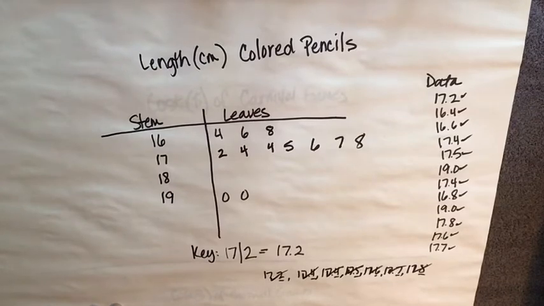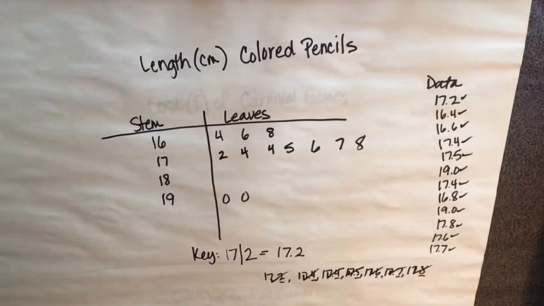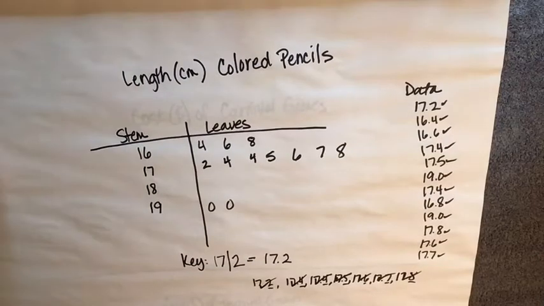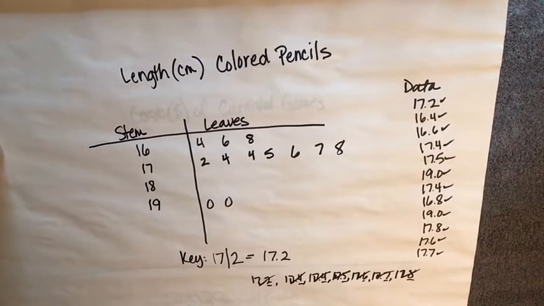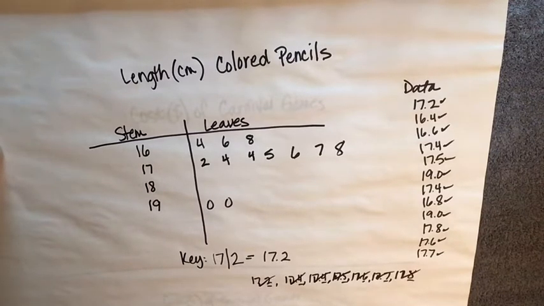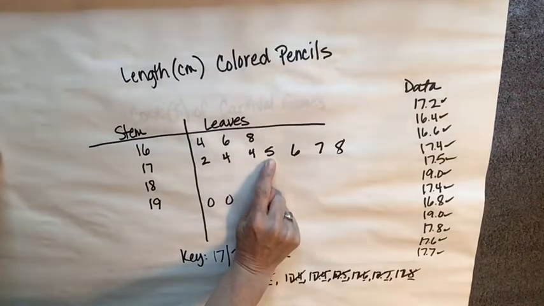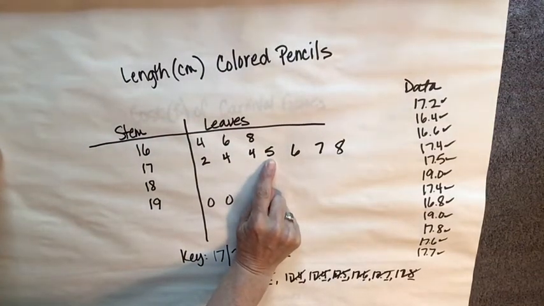The next thing I could think about is what questions could be asked from this data. I could ask you, how many pencils were more than 17 1/2 centimeters long? And I don't want you to think, oh, I can't answer that question. There are no fractions on this stem and leaf plot, because I want you to remember that 17 and 5/10 is equal to 17 1/2.